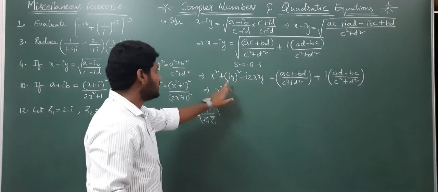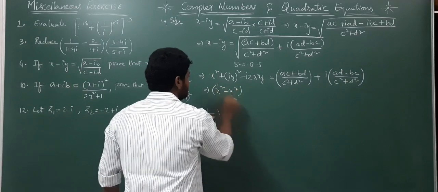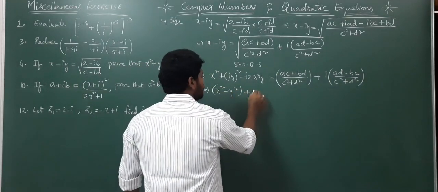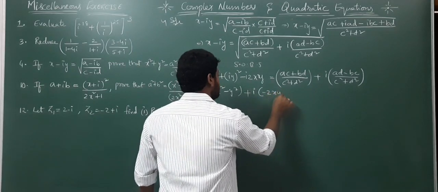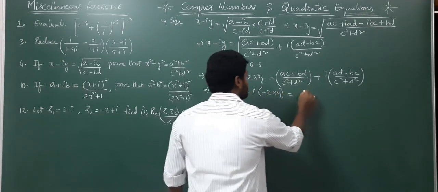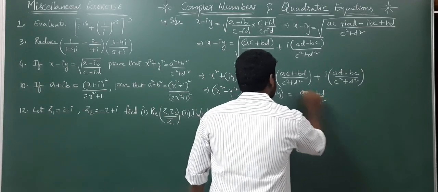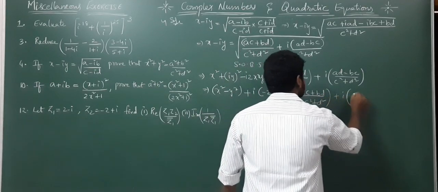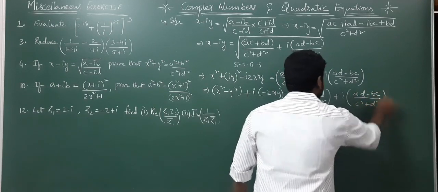What is iY whole square? i square is minus Y square. So which is X square minus Y square. If we take i common, it will become minus 2XY, which is equal to this RHS: AC plus BD by C square plus D square plus i into AD minus BC by C square plus D square.